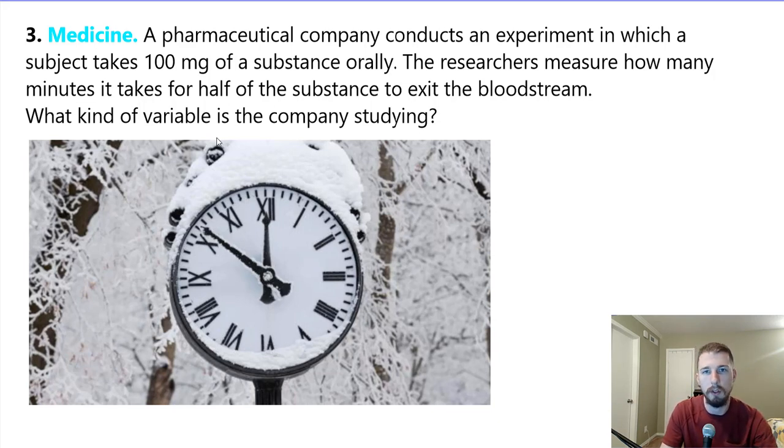So do they want to break it down into categories like 0 to 2 hours, and then 2 to 4 hours, and then 4 to 6 hours? Probably not going to break it down into categories like that. More than likely, it's just going to be recorded as the exact amount of time and be used as a quantitative variable.